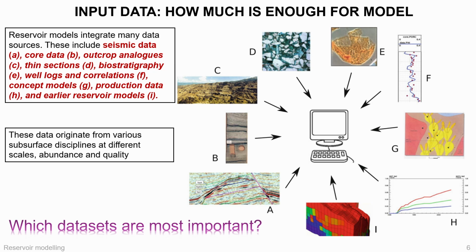Seismic constrains large-scale geometry, wells constrain vertical details, core constrains pore scale truth, and production data constrains dynamic connectivity. The modeler must decide which data sources are most influential for the objective and prioritize those, while documenting what is missing and how that missing information increases uncertainty.